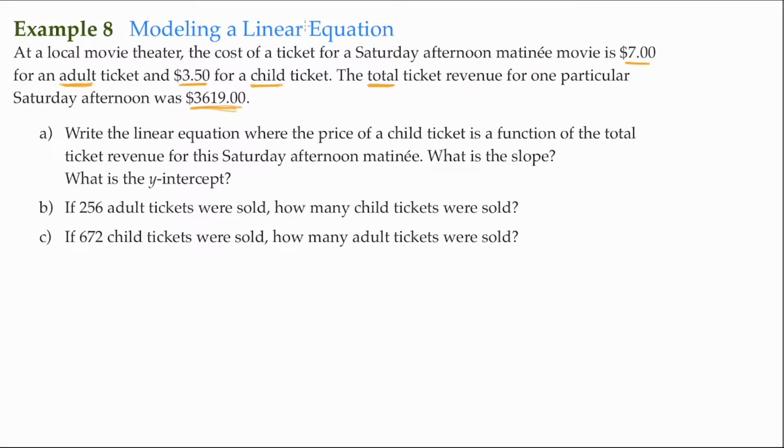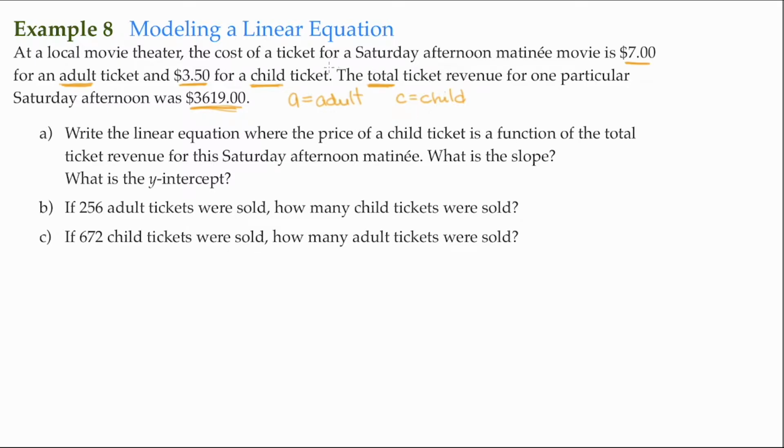So I'm going to let A, how about if we let A equal to an adult ticket? That's going to be my variable. And we'll let C equal a child ticket. So I do know that for a total, if I add all the adult tickets together with all the child tickets, it's going to come out to be $3,619. However, it's $7 an adult ticket and $3.50 for a child ticket.